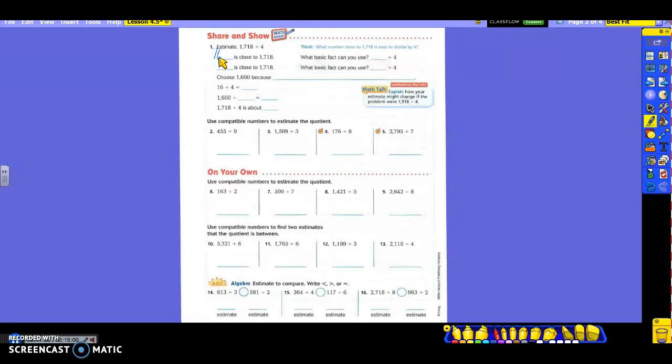Now, what do I need to add to the 16? 2 zeros, because we're in thousands, right? So we need a number that is in thousands. Okay? And what's a number that's higher than 17 that's divisible by 4? It would be 20, right? And then you're going to use 2 zeros to make 2,000. Does everybody see what we're doing here? Yeah. You're finding numbers that are around that.